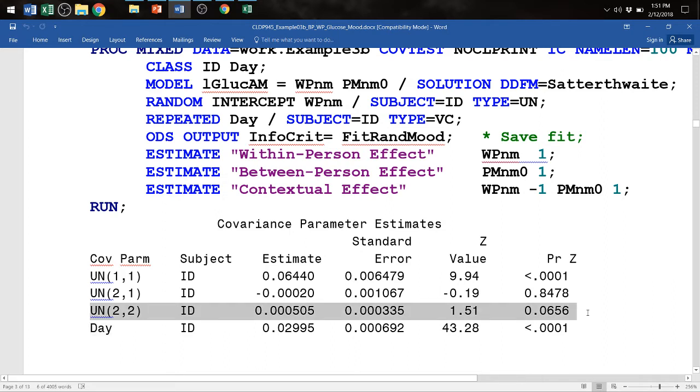So let's say that you have a colleague who hands you this output and says, look at that p-value. It's like 0.06. Is that good enough? Can I keep it? And you say to them, dear colleague, it doesn't matter what the p-value says.